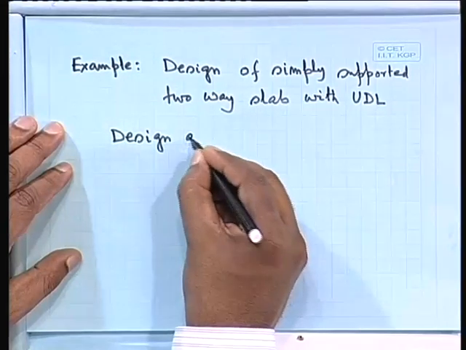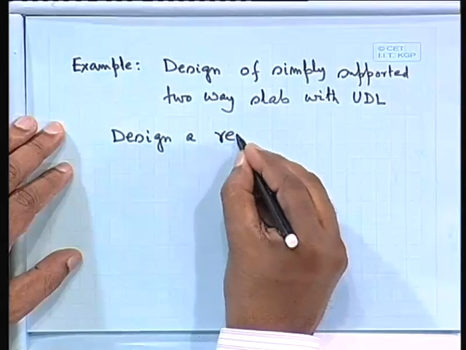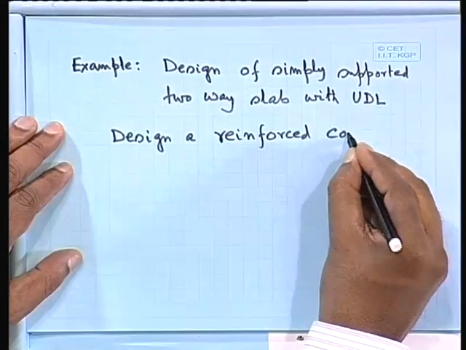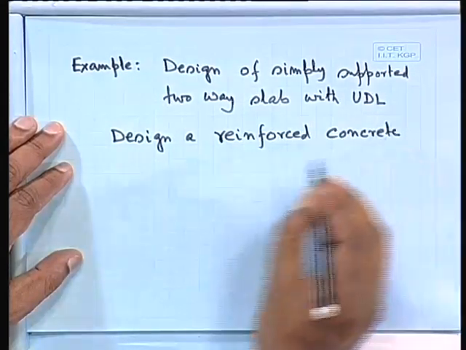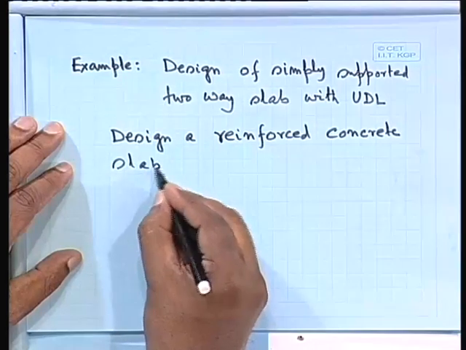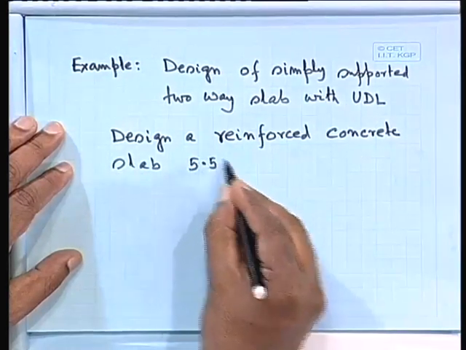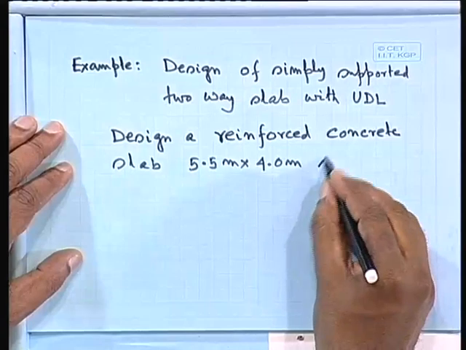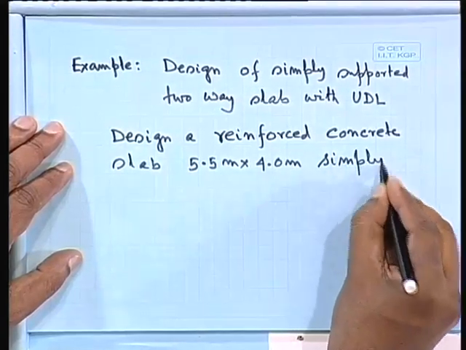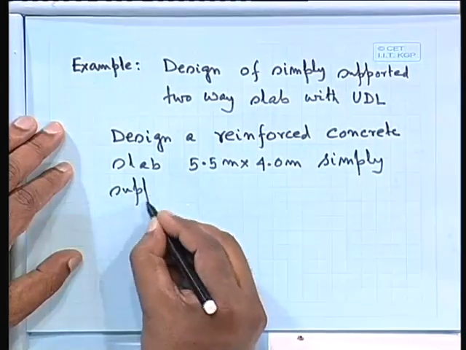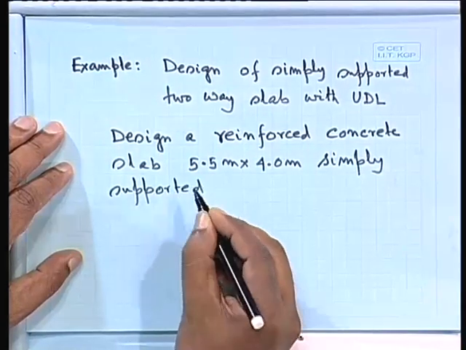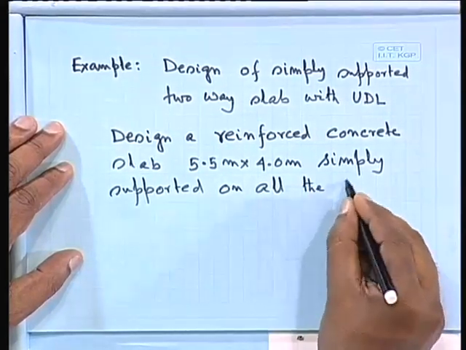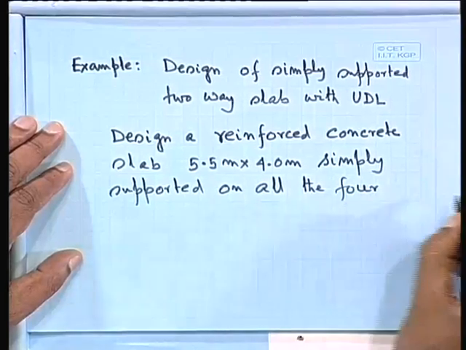Design a reinforced concrete slab. The dimension is 5.5 meter into 4.0 meter, simply supported on all the four sides.